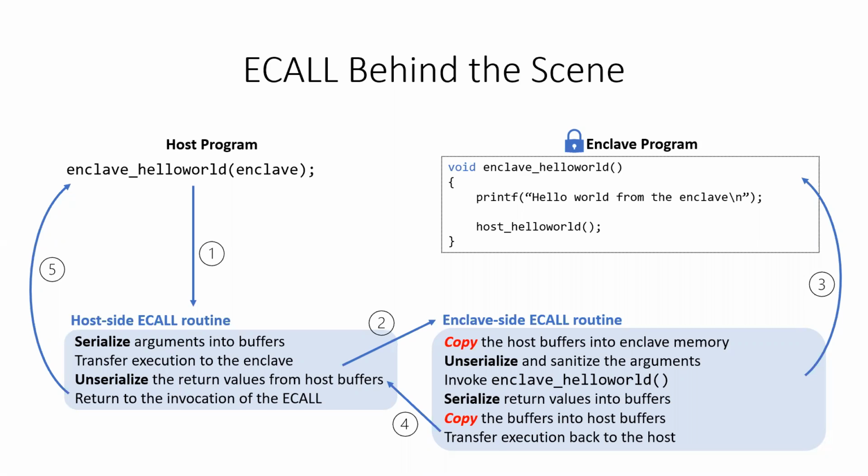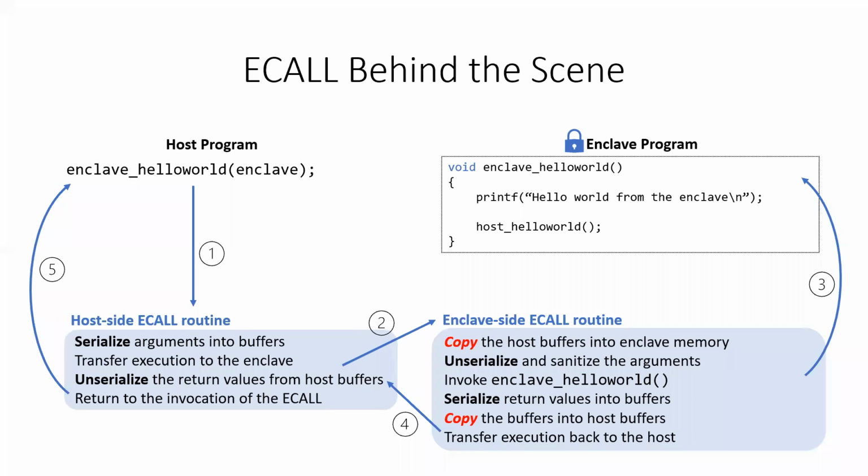In this case, the host invokes the ecall, but when execution transfers to the enclave, the enclave will copy whatever is on the host into the enclave memory, so that we can do the boundary check, and the host cannot directly access the enclave memory.